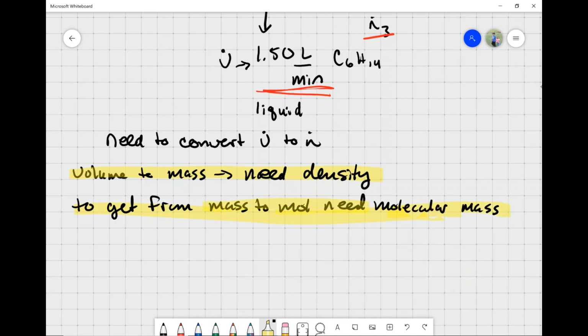So to go from volume to moles, you need to go to mass. The process step is you go from volume to mass to moles. I'm putting flow rates, but it's the same if it's just volume, mass, moles. So we have a volumetric flow rate, 1.50 liters per minute, and we want to make it a molar flow rate.